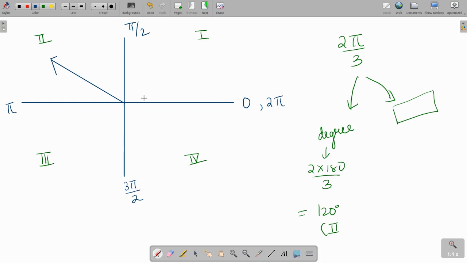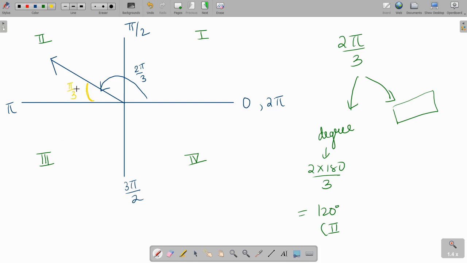And this particular angle, if we go in an anti-clockwise direction, will be 2 pi by 3. And if I ask you the question, what is the acute angle that it makes with the x-axis, how far away it is, just do it. The answer is pi by 3.